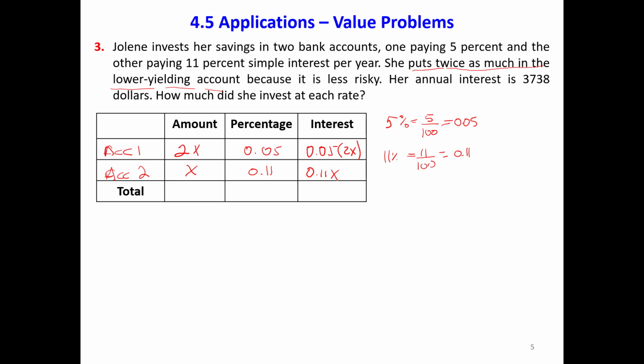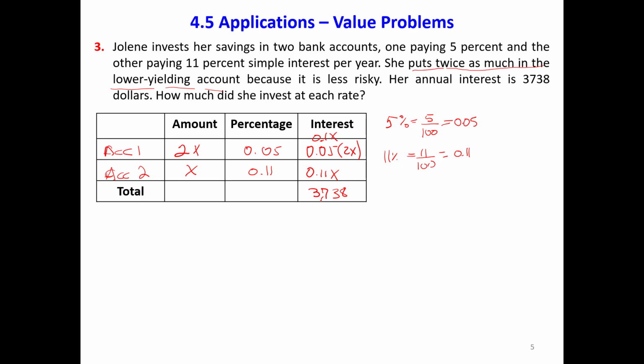And maybe it will be easier if we multiply: 0.05 times 2x is just 0.1x. And we know if we add the interest she got from the first account and the interest she got from the second account, the total amount she got is $3,738.